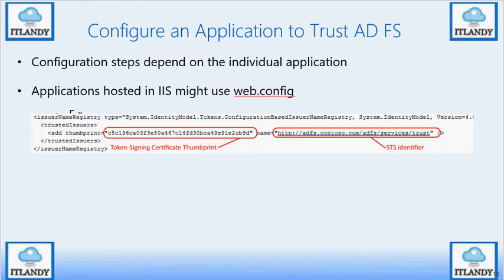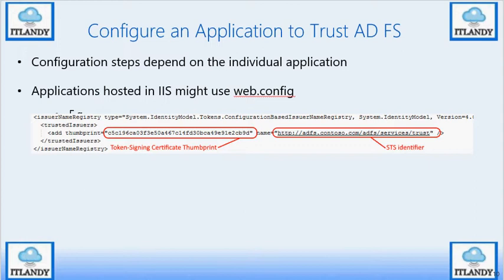Let's have a look at this one. You can see under web.config the thumbprint, which is for the token signing certificate, and the STS associated with that thumbprint. So again, this applies to IIS, okay? Which means if you are using Microsoft Azure Web Services or other applications, like Azure Functions and so on, they do use the web.config.